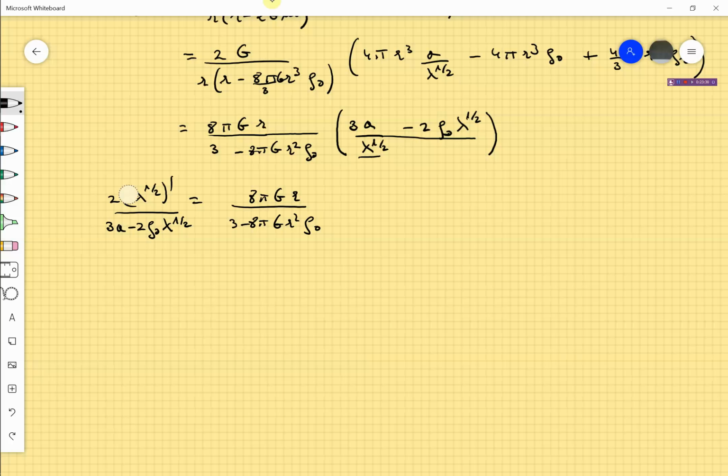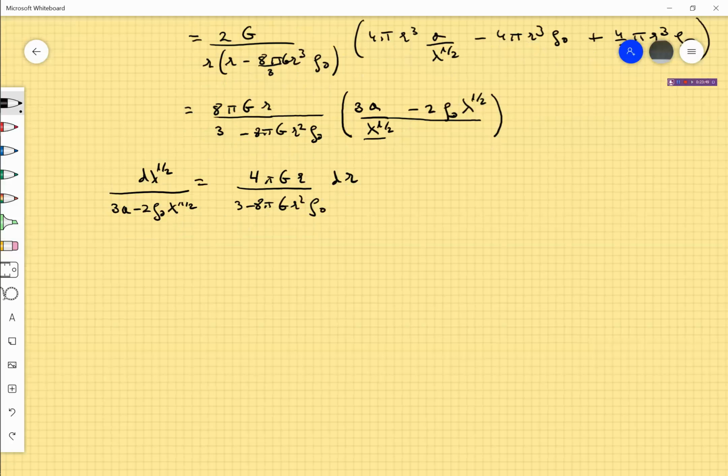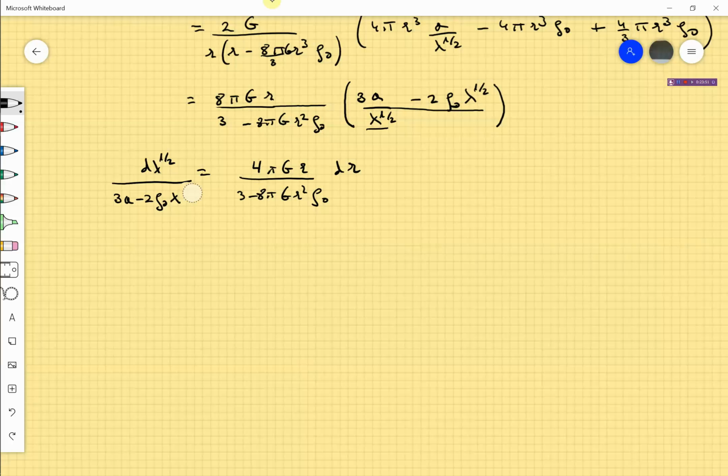This is the lambda divided by r, so let me write it like this, and the r on this side. Okay, sorry, the 2 I simplified. I write 4 lambda 1/2, and okay, I can make this.